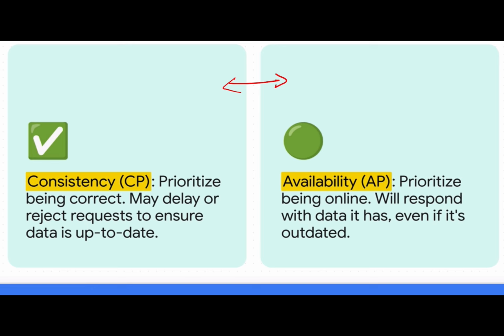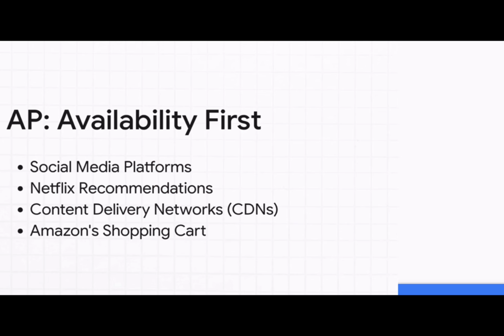Now let's look at some of the availability-first applications. Social media platforms are obviously the ones prioritizing availability rather than consistency. Netflix recommendations, say, for example, we have a new movie release, but for some users it is reflected and for some of them it is not yet reflected.